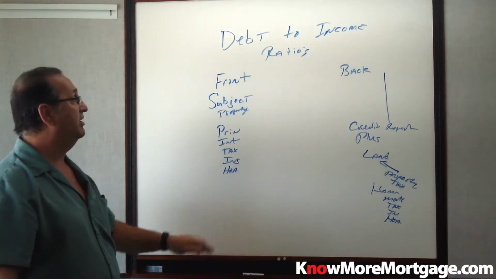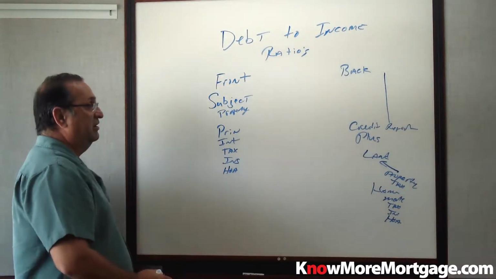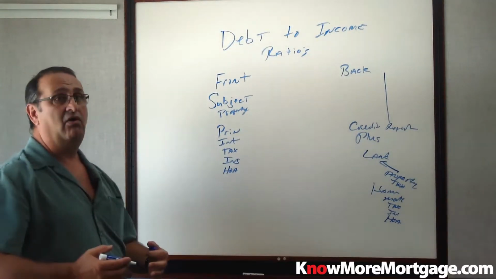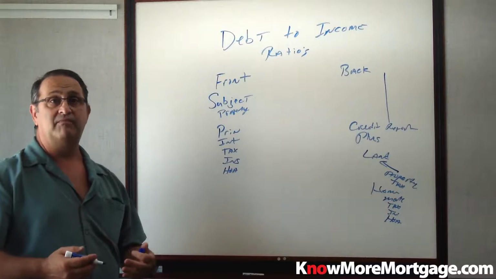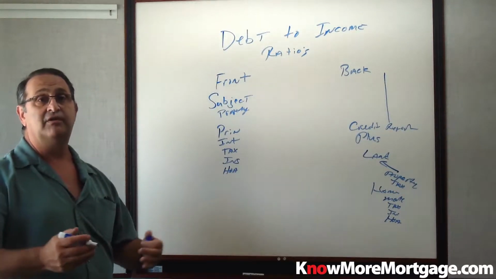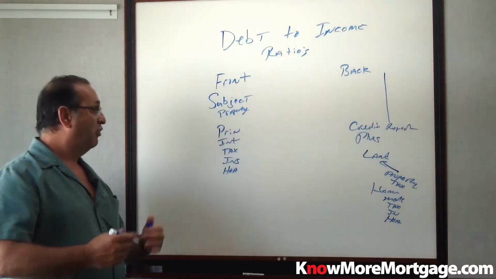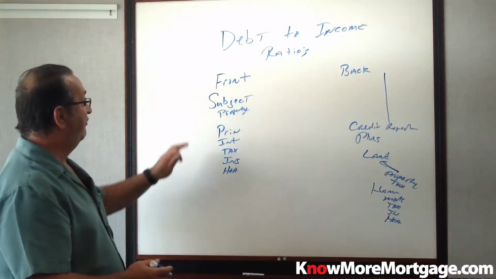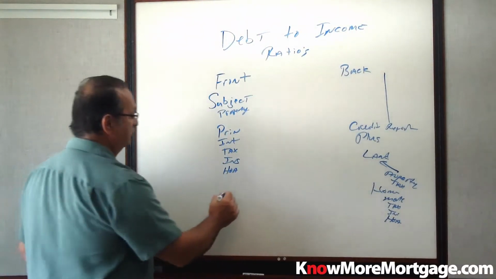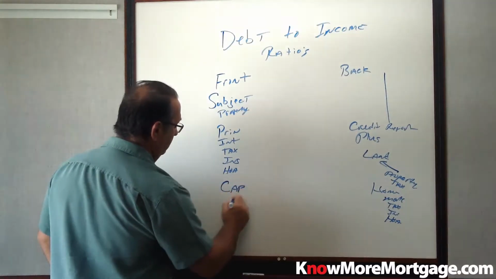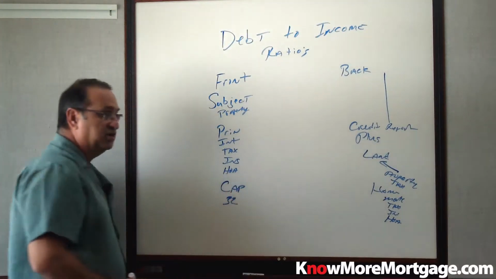Typically a front end, depending on the loan type, whether FHA, conventional, USDA, VA, or portfolio loan, starts with a cap of 32% in that range.